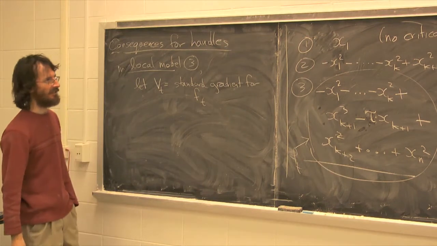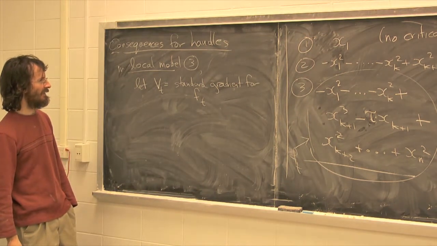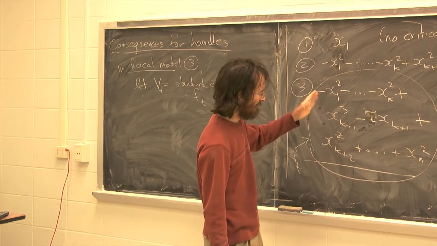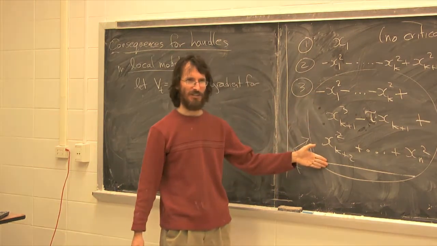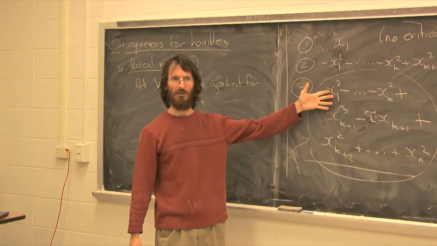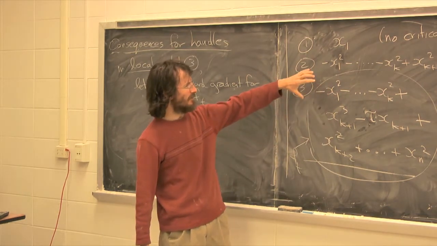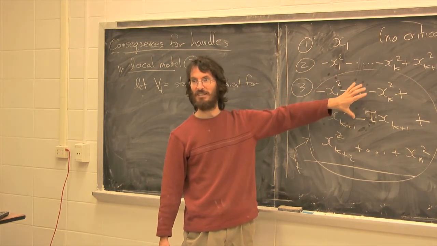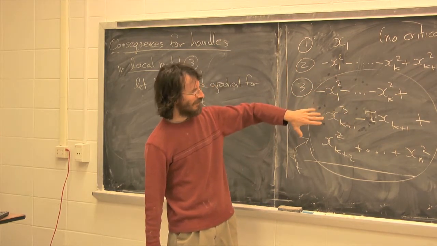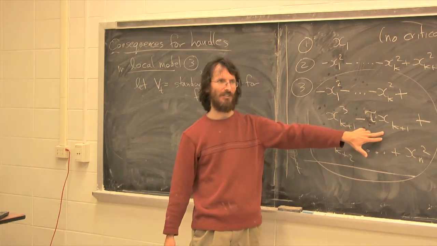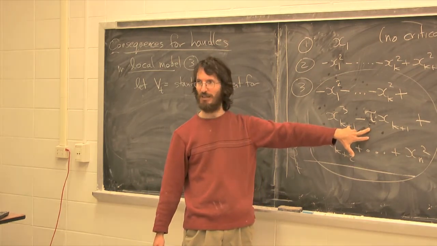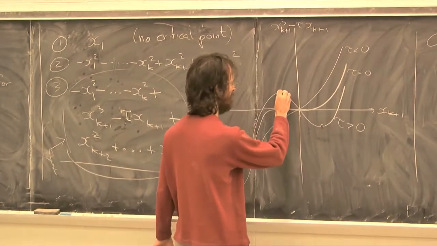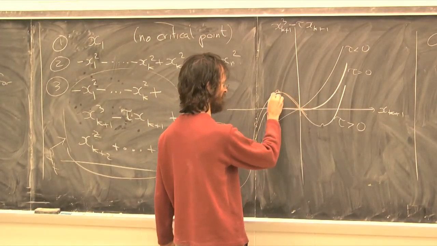We can think about that gradient vector field very explicitly, because the nice thing about the Euclidean metric and these functions is they split out coordinate by coordinate. The gradient vector field is just going to be the gradient in the x1 plane, gradient in the x2 plane, etc. So then we really only have to understand the gradient vector field in the x k plus 1 plane, and it's precisely right here.